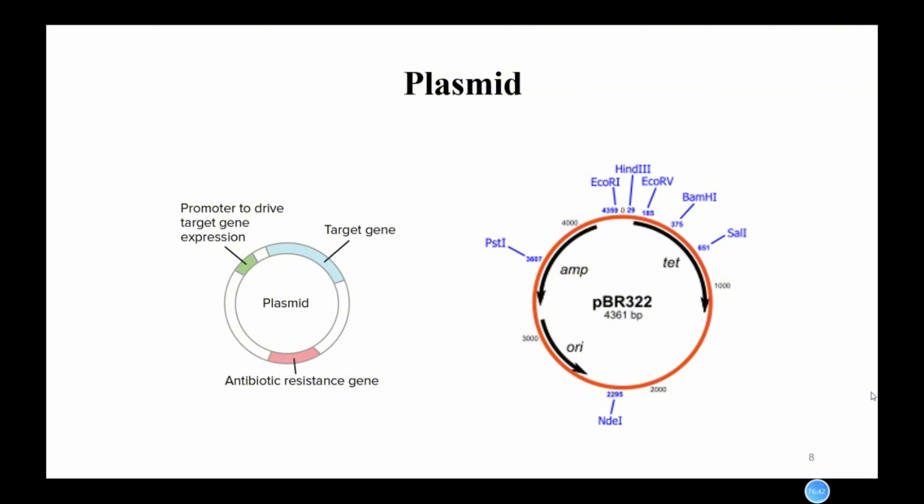And on this plasmid, you can find several genes. This gene says AMP, means ampicillin resistance gene. So the bacteria carrying this plasmid will be resistant to ampicillin antibiotic. Okay, so that's just one example. You don't have to remember this detail, okay?